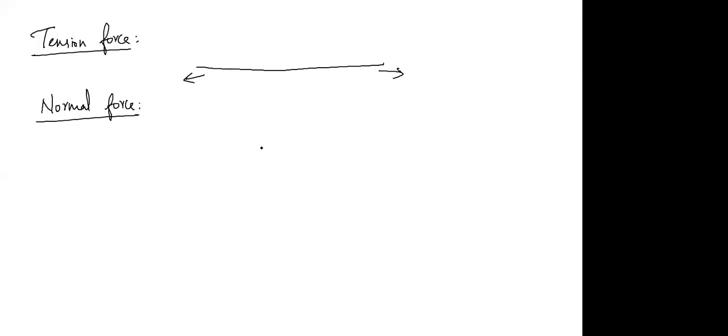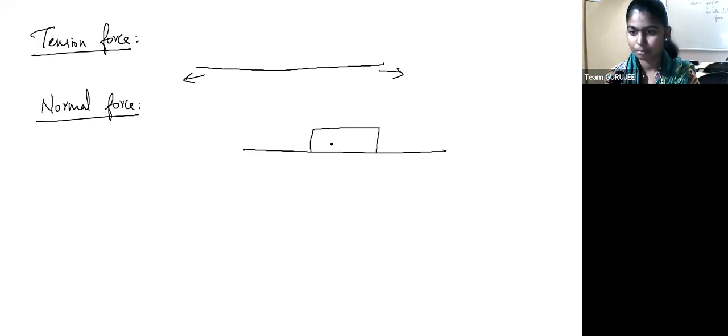So normal force is something like, if this is a table and I'm placing a box or anything, or this is a pavement and I'm placing something over that, there your gravitational pull will be there, right? We'll see gravitation much more clearly, but you have already had gravitation in satellites, in a separate chapter. So here a pull will be there, that is mg.